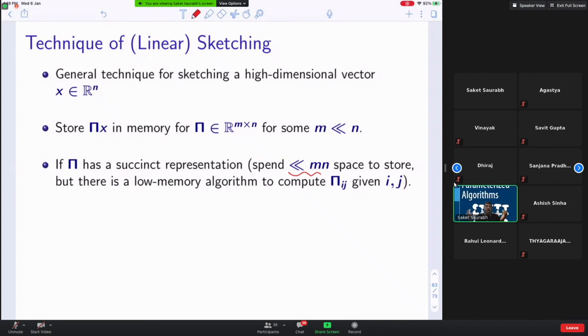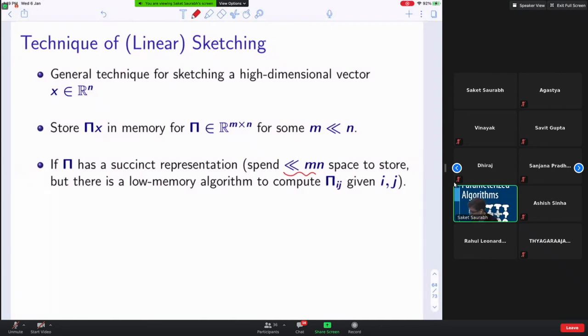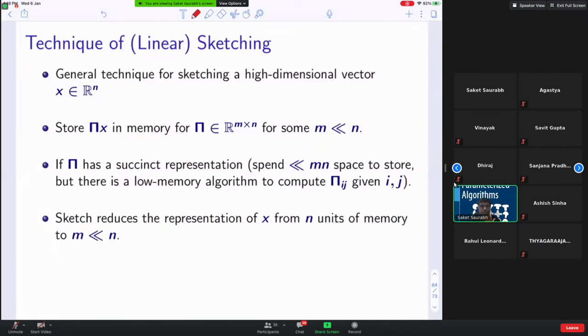Whenever I give you indices i and j, you should be able to produce Pi_ij, otherwise how will I do my computation? So not only does Pi have a succinct representation, it also has a very low memory algorithm to compute Pi_ij if I need it. You can think that the sketch reduces the representation of x from n units of memory to some m units of memory, which is much smaller than n.